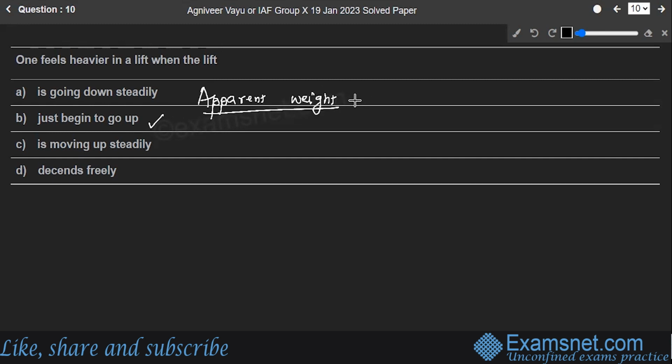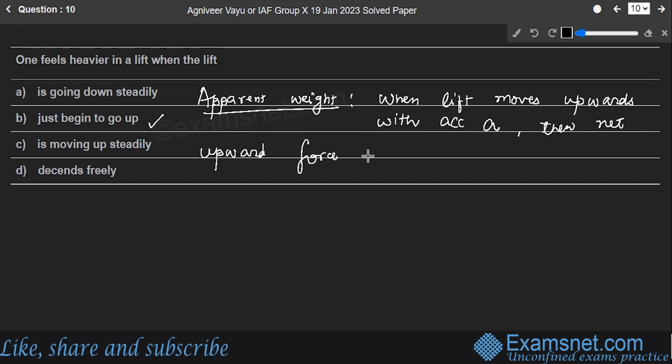Apparent weight of the person. When the lift moves upwards with acceleration a, then the net upward force on the person is given by R minus mg is equal to ma, where R is your apparent weight, m is your mass, g is the acceleration due to gravity, and a is the acceleration.